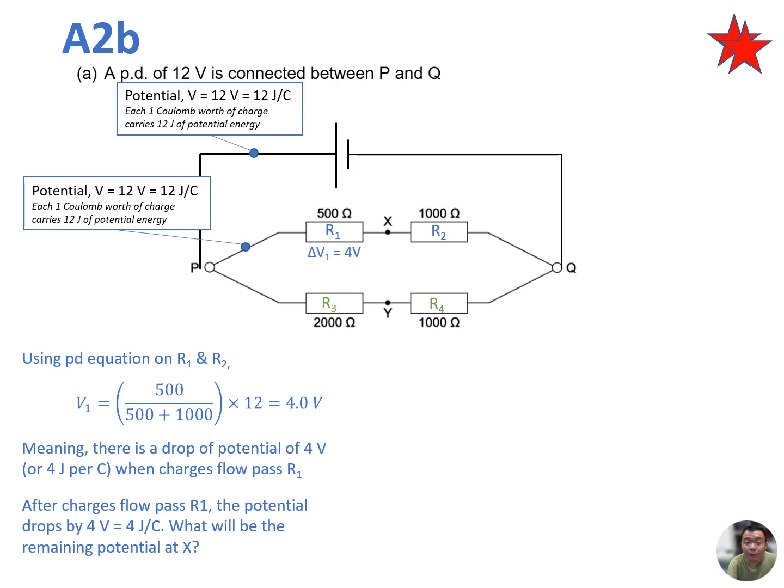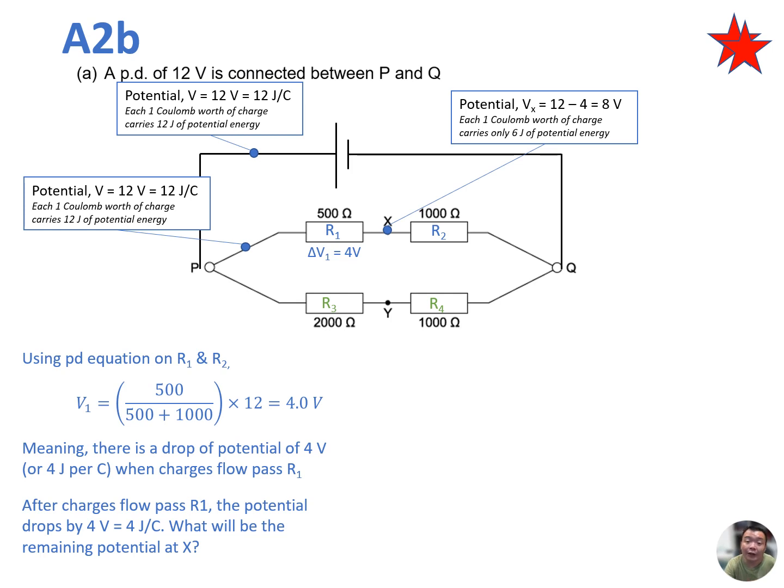And once the charges flow past resistor 1, we calculated just now that there is a decrease in potential of 4 volts. Therefore, initially, before they pass through R1, they have 12 volts of potential, and 12 volts drop by 4 volts.